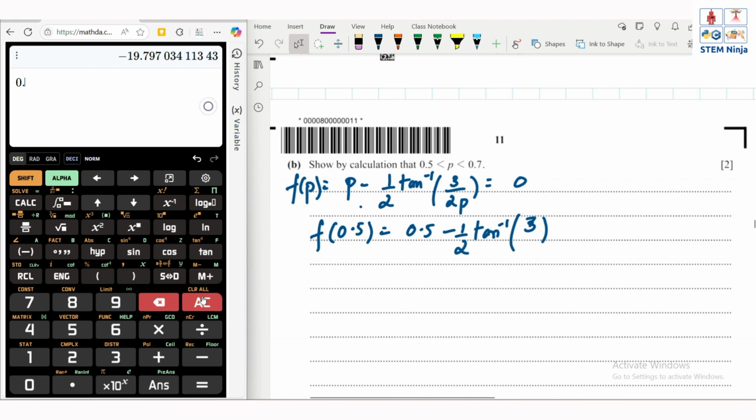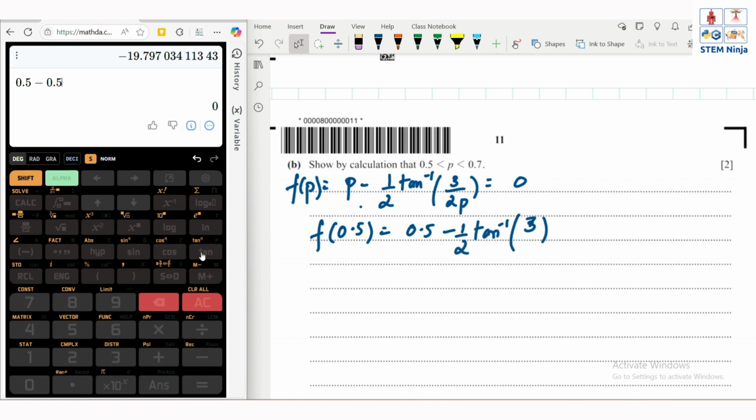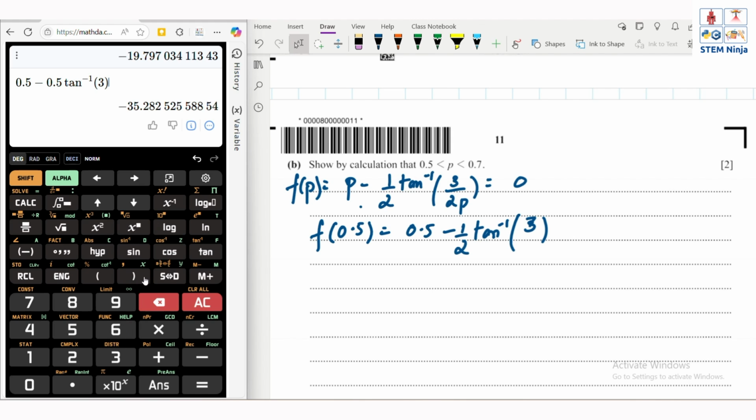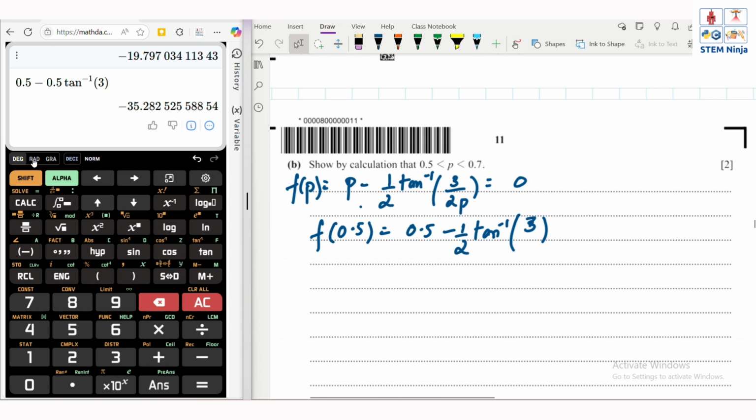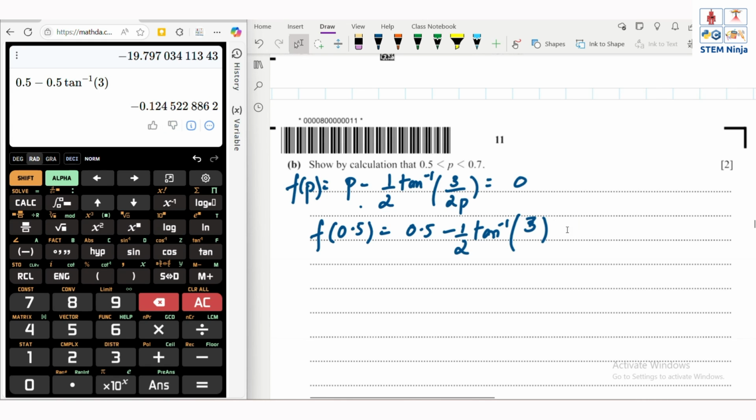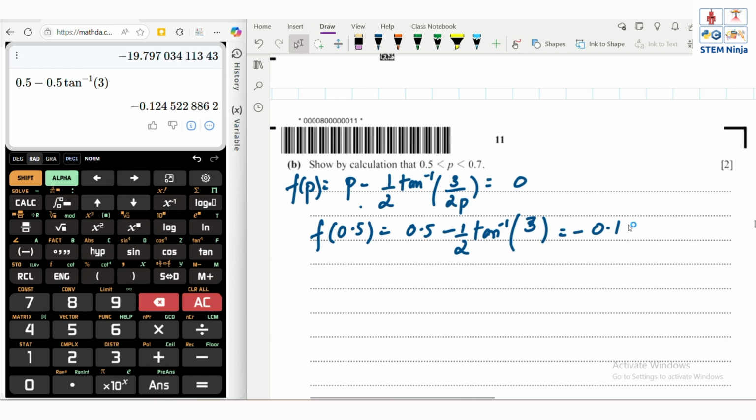So 0.5 minus 0.5 times tan inverse of 3. Oh, sorry, this needs to be in radians. So minus 0.124522.